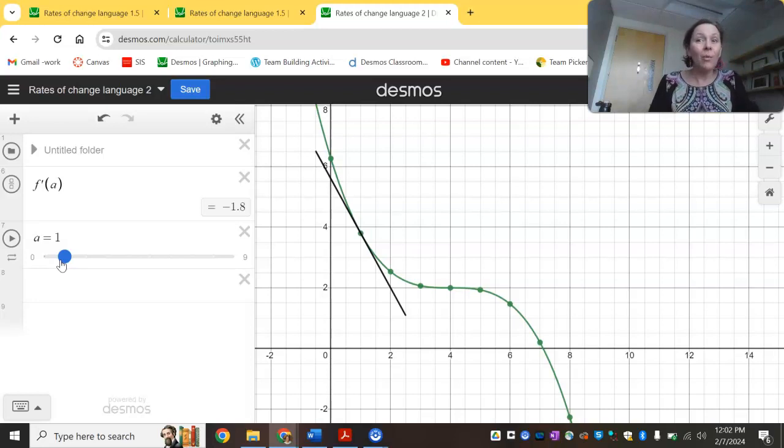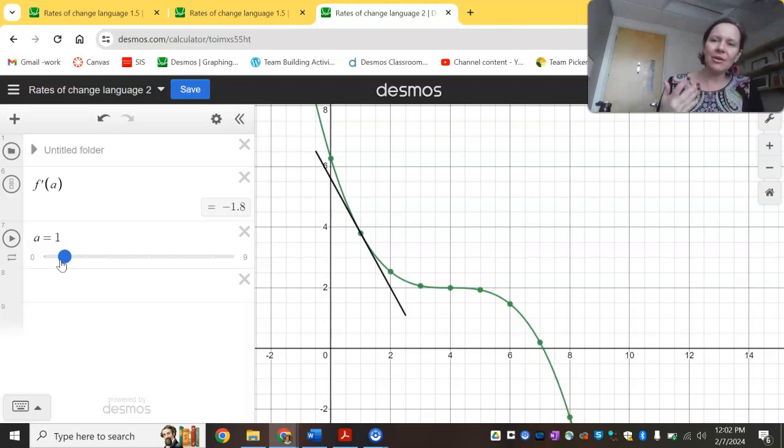Would you rather owe $1.8 million or $0.2 million? I'd rather owe the $0.2 million. So it's getting less negative, which means the values are actually getting bigger, which means the output values of the function are decreasing at an increasing rate.